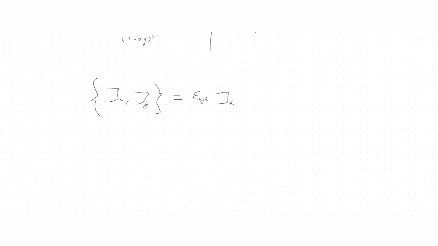Try to exploit the conditions on the three independent integrals. So to try to find some objects which must satisfy first of all the commutation with the Hamiltonian.